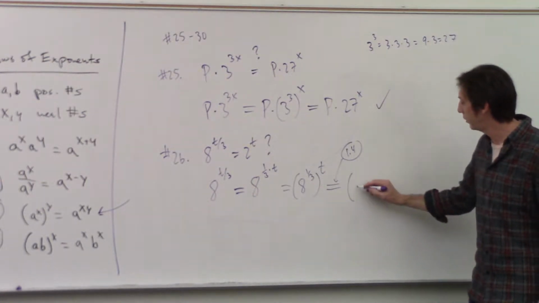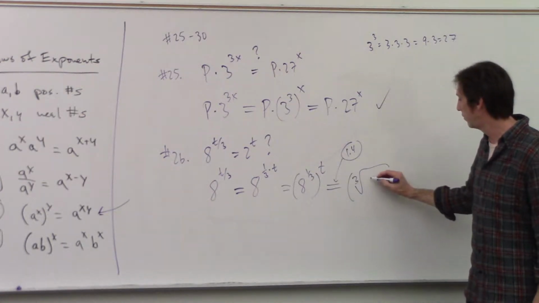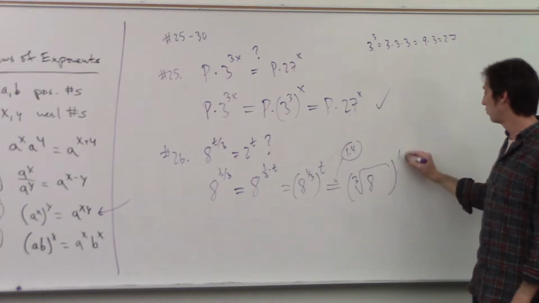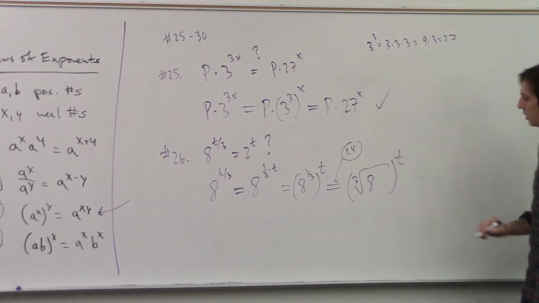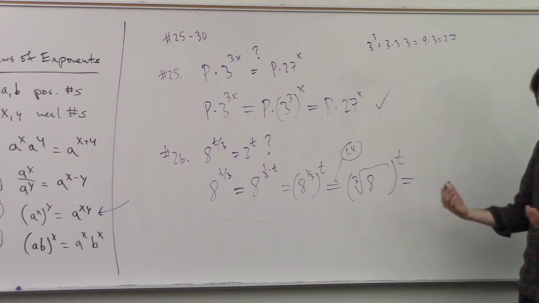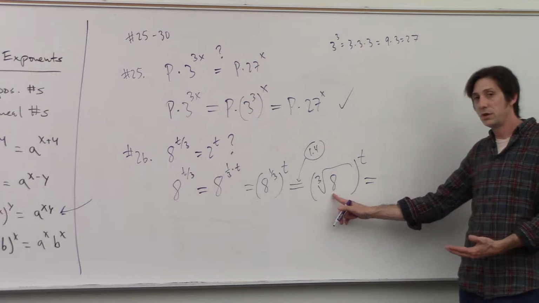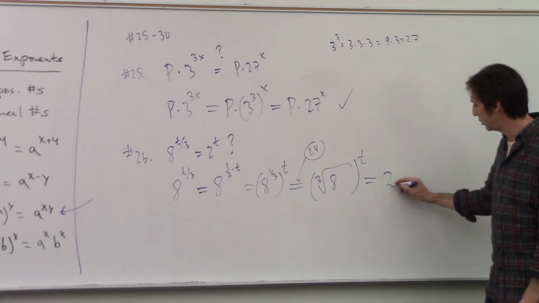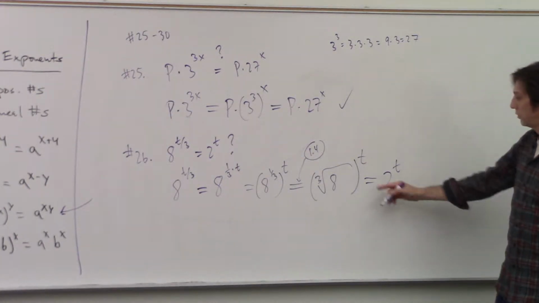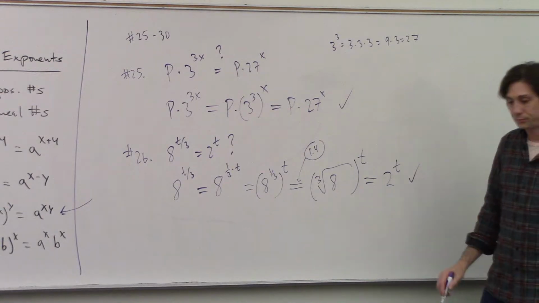So in the parentheses, I have the cube root of 8, all raised to the tth power. And what we probably know is that the cube root of 8 is the number that we have to cube to get 8, and that number is 2. And so this does in fact equal 2 to the t.